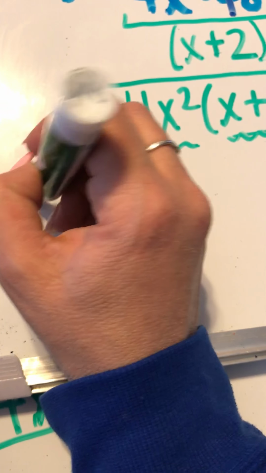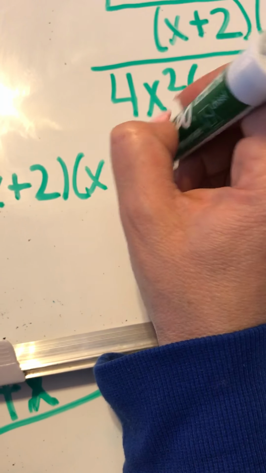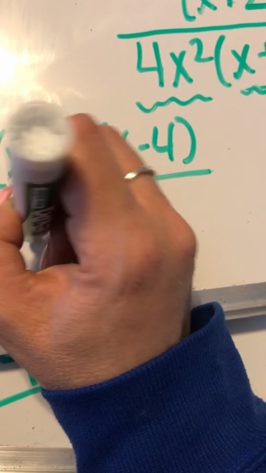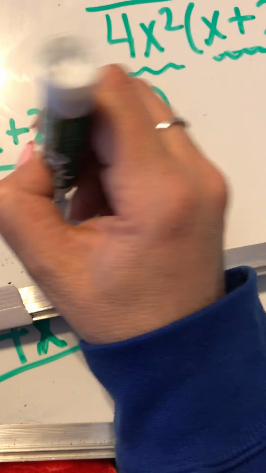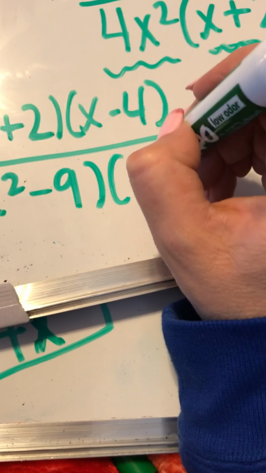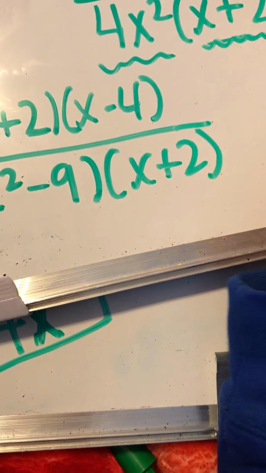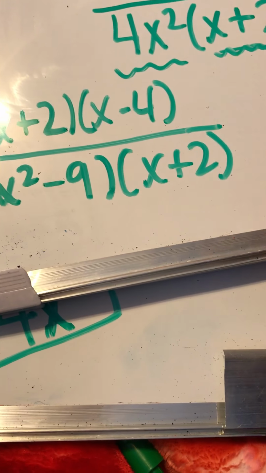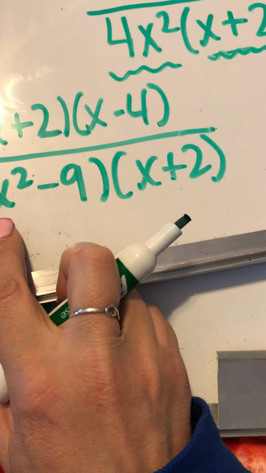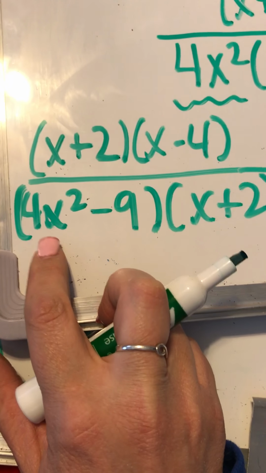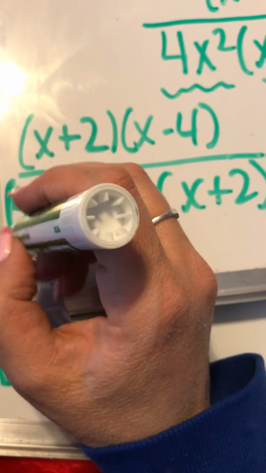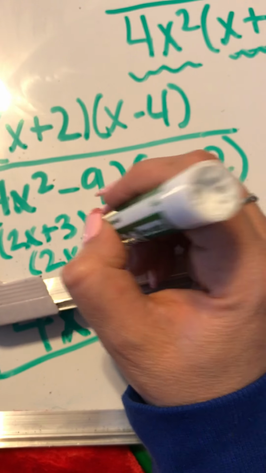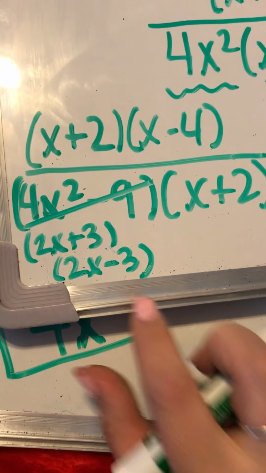So we have x plus 2, x minus 4 over 4x squared minus 9, and then x plus 2. Okay, so looking at this, first of all, you're probably thinking, oh my gosh, we're not done factoring. And you're right, because this actually factors to 2x plus 3 and 2x minus 3. So we'll just put that there for right now.